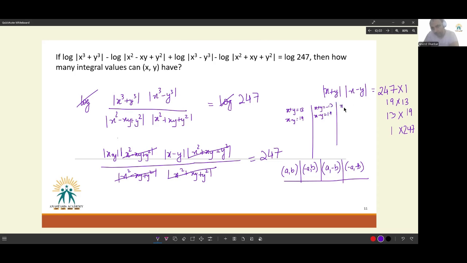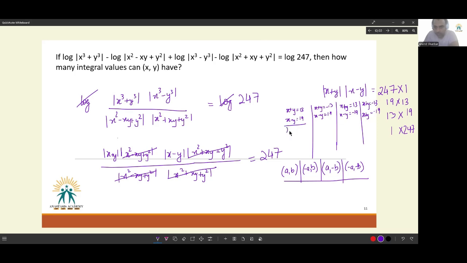Another case, x plus y being equal to 13 and x minus y being equal to minus 19. And finally, x plus y being equal to minus 13, x minus y equal to minus 19.